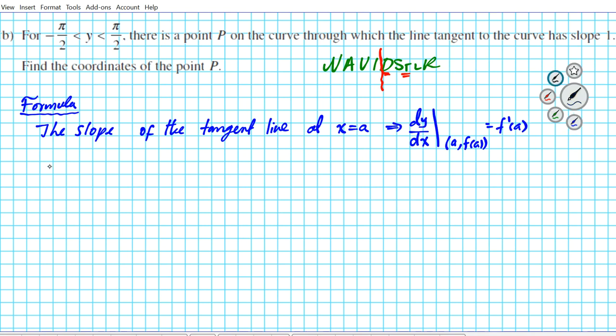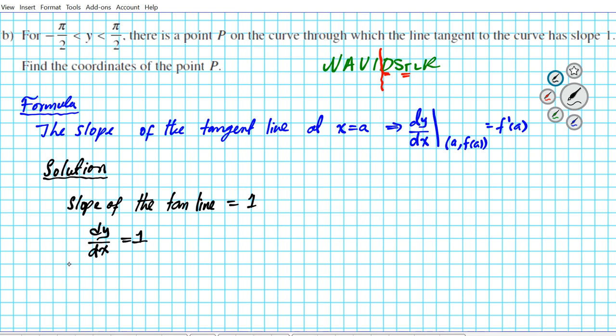So in order for us to solve this problem, we're going to take advantage of the algebraic representation of the slope of the tangent line. If the slope of the tan line is equal to 1, what does that mean? It basically means that the derivative is equal to 1. So this means that dy/dx is equal to 1. We want to find the point (x, y) where dy/dx is equal to 1.